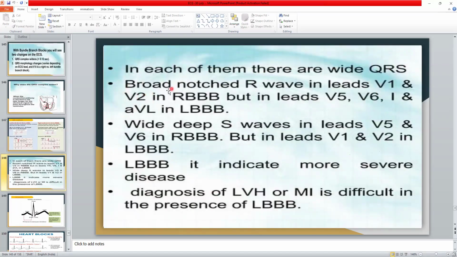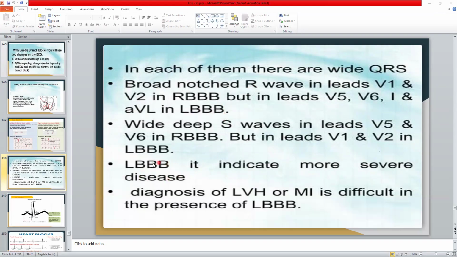I am going to explain again that there will be a broad notched R wave in the leads V1 and V2 in right bundle branch block, that is the M pattern, whereas in the leads V5, V6, lead 1 and aVL there will be a broad notched R wave in the left bundle branch block.